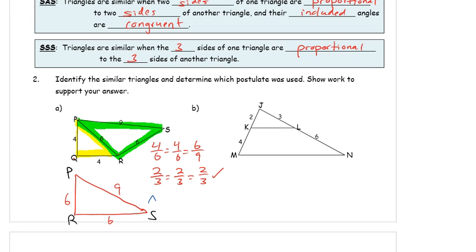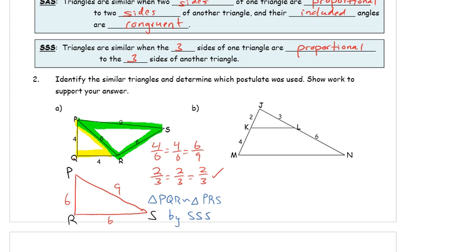So we're going to say triangle PQR, the smaller yellow one, is similar to triangle PRS because they match up. Okay, so that's that one, and again, it's by side side side. I'm thinking ahead, because we have three proportional sides. 4/6, 4/6, and 6/9 are all reduced to 2/3.